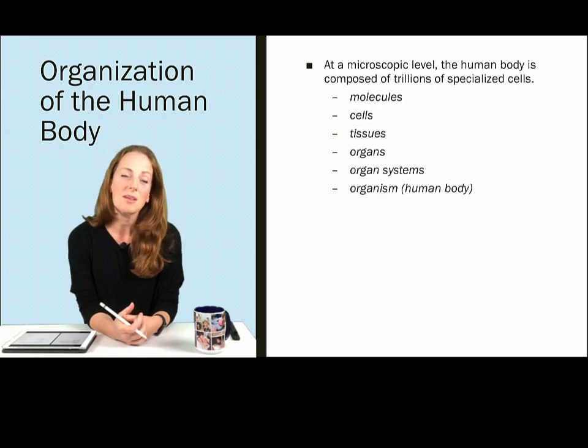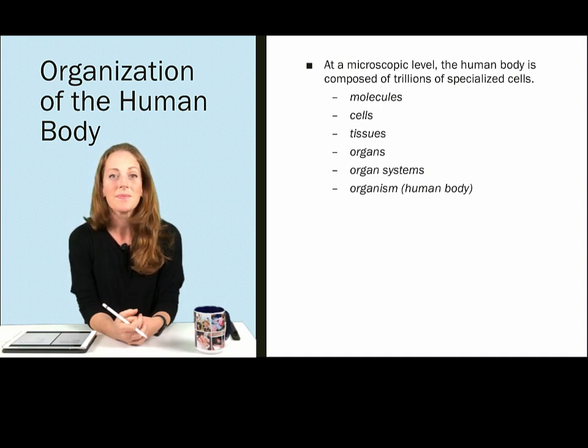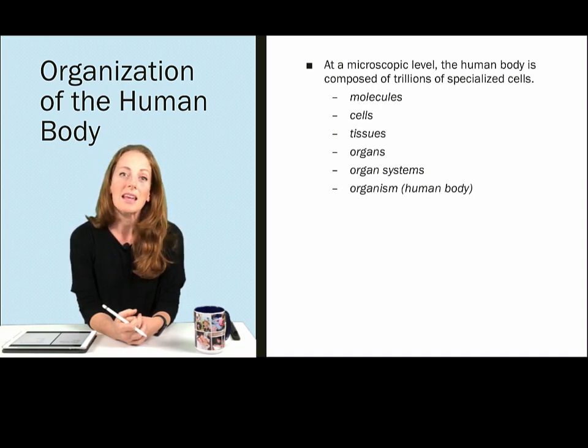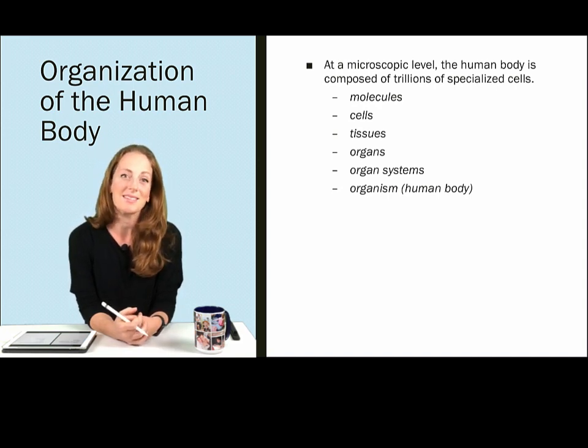Then we look at the specialized cells and how they come together to create functional units. As the cells create layers of tissues, we then have specialized tissues, for example, connective tissues, epithelial tissues, muscle tissues, and our specialized tissues like nervous tissue.